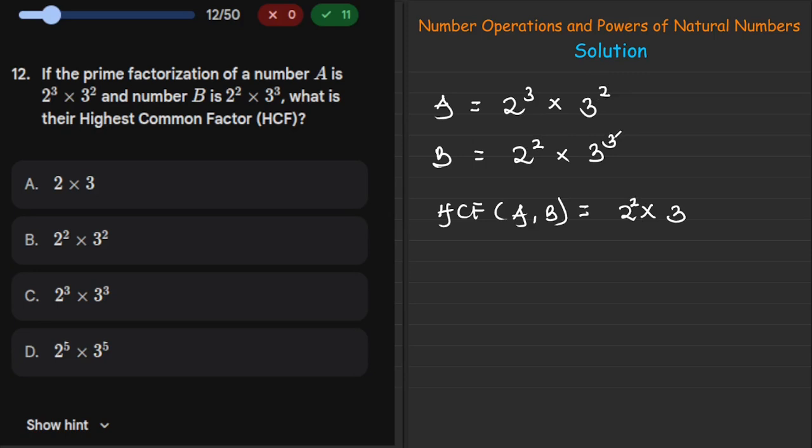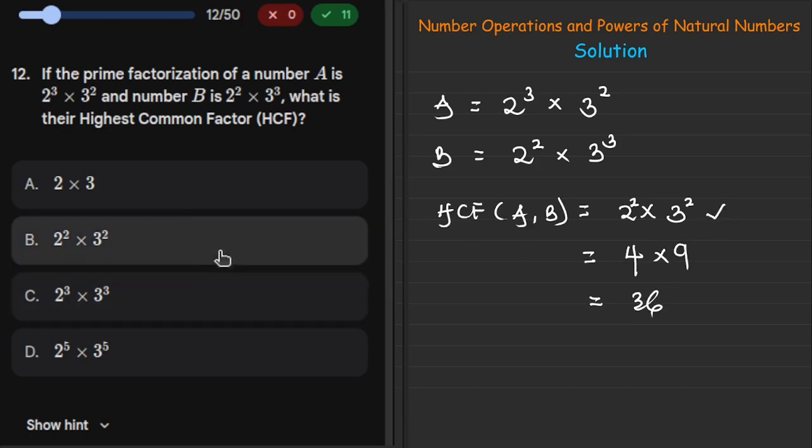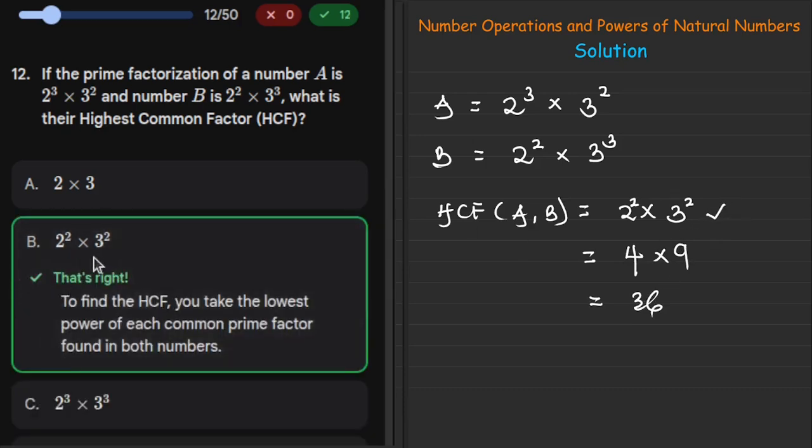Then for 2 and also 3, the lowest is what? 2. Hence, this is all we need. So our highest common factor is going to be a 4 times a 9, which gives us a 36. But all we need is here. And that is B, 2 to the power 2 times 3 to the power 2.